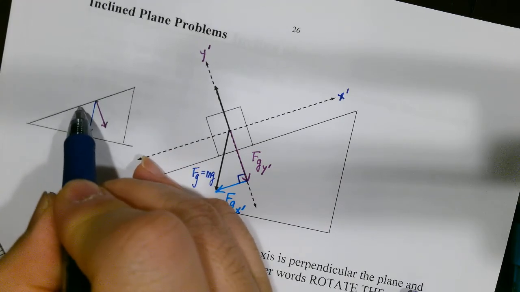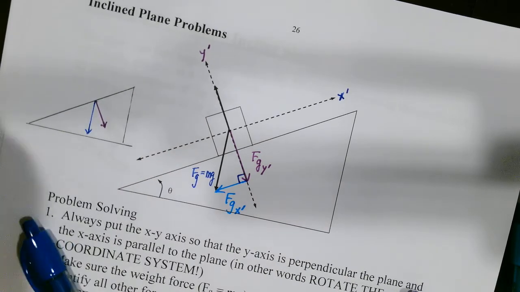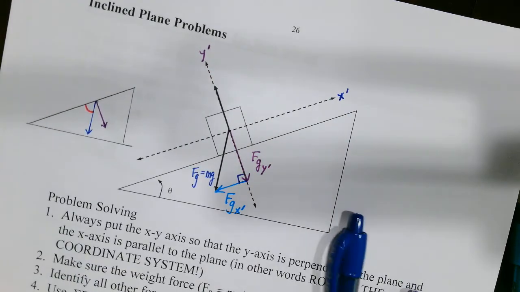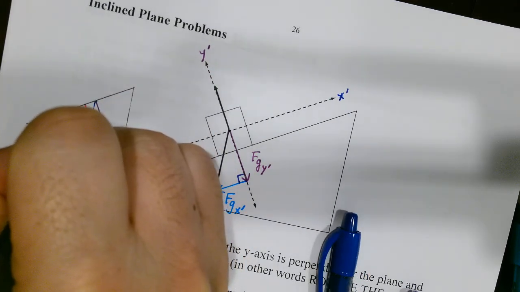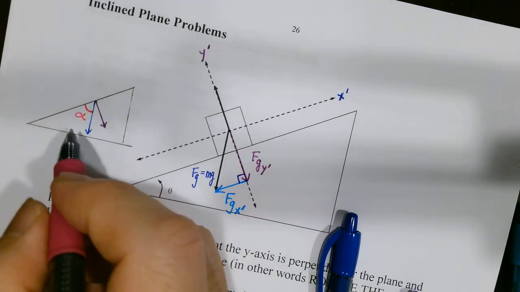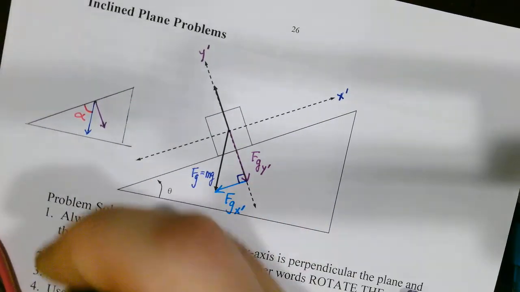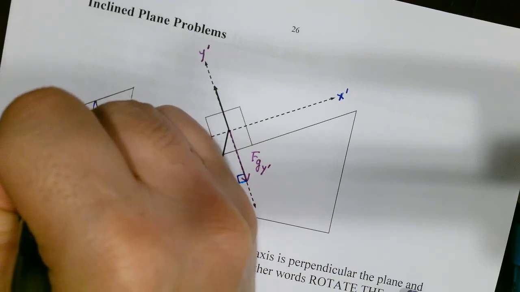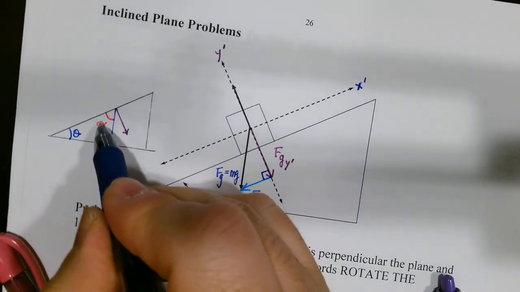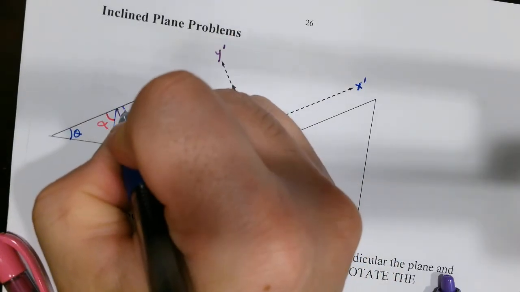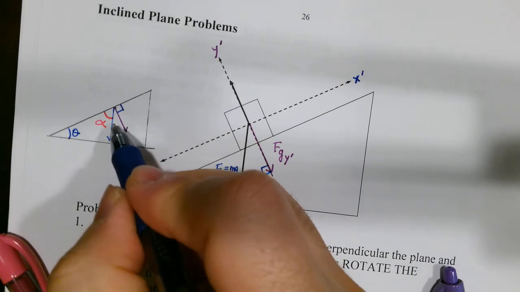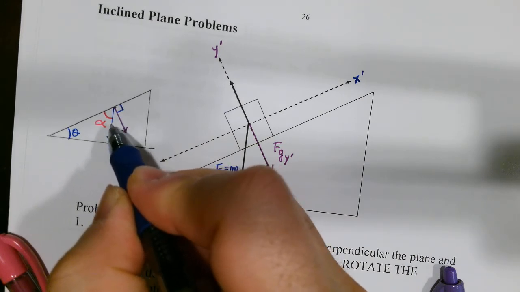Since this angle here is a complementary angle, I'm going to call that angle alpha. Since alpha is the complementary angle of my angle theta here, this is 90 degrees because it is perpendicular to my incline. So this angle has to add up to 90.